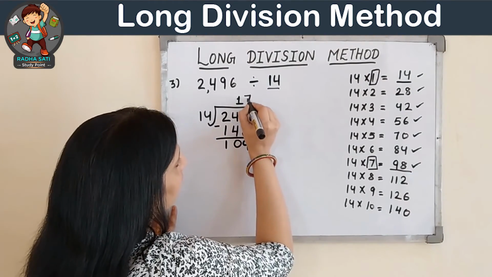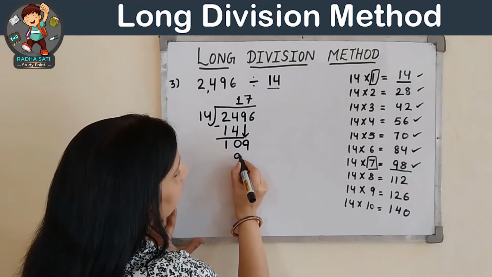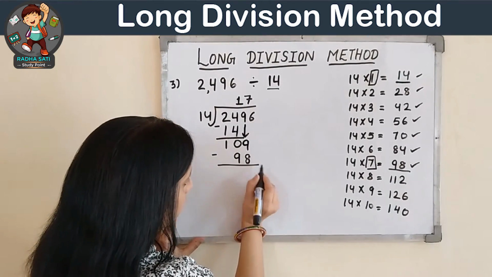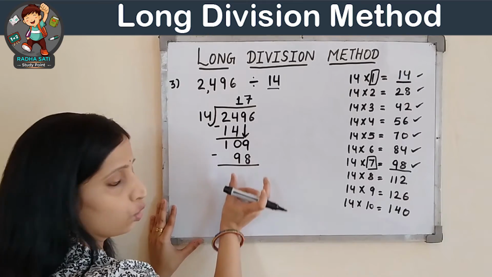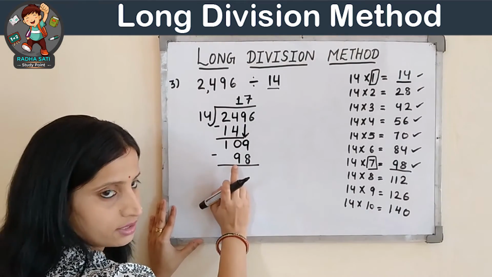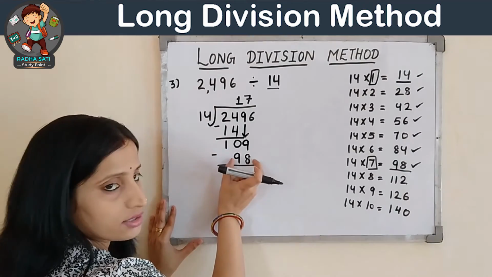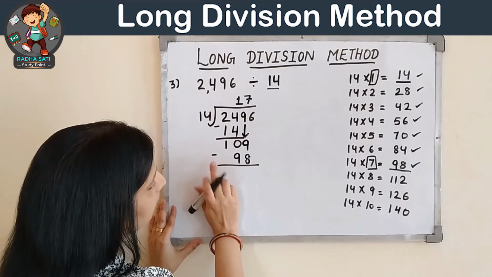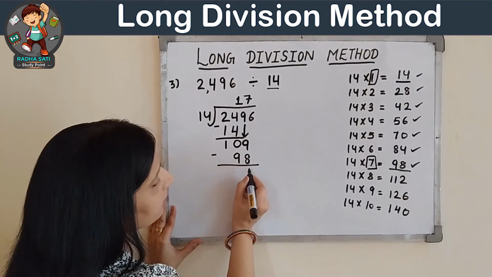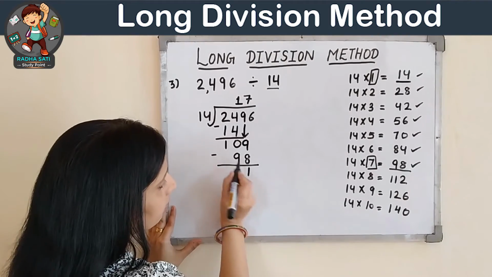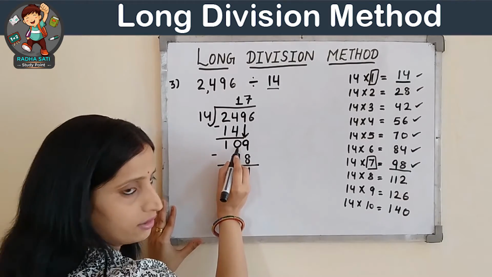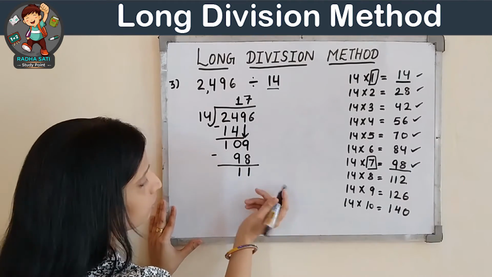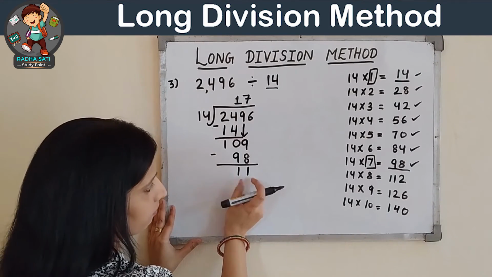So we will write 7 here and 98 here. In 98 there are only 2 digits, ones and tens. So we will write these digits under the ones and tens place. Now we will subtract. 9 minus 8, 1 and this will become 10. When we borrow, 10 minus 9, 1. So now the number is 11.